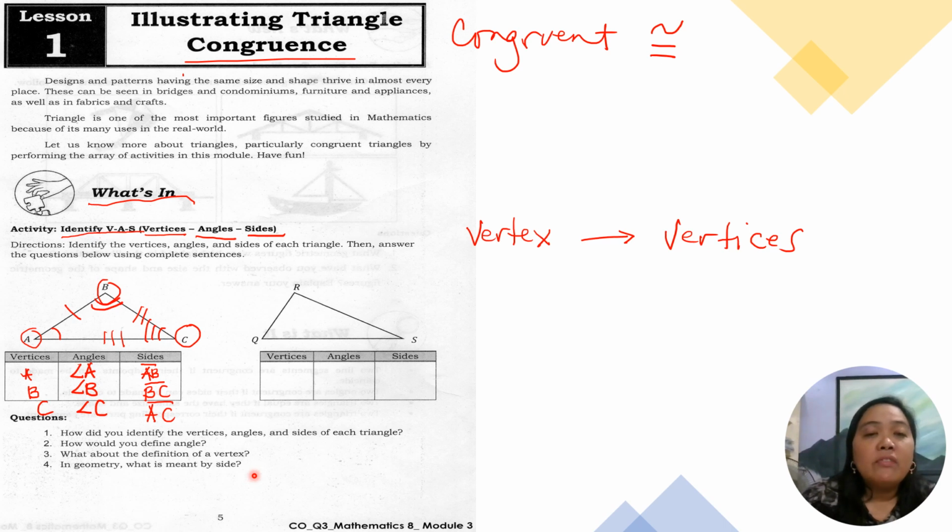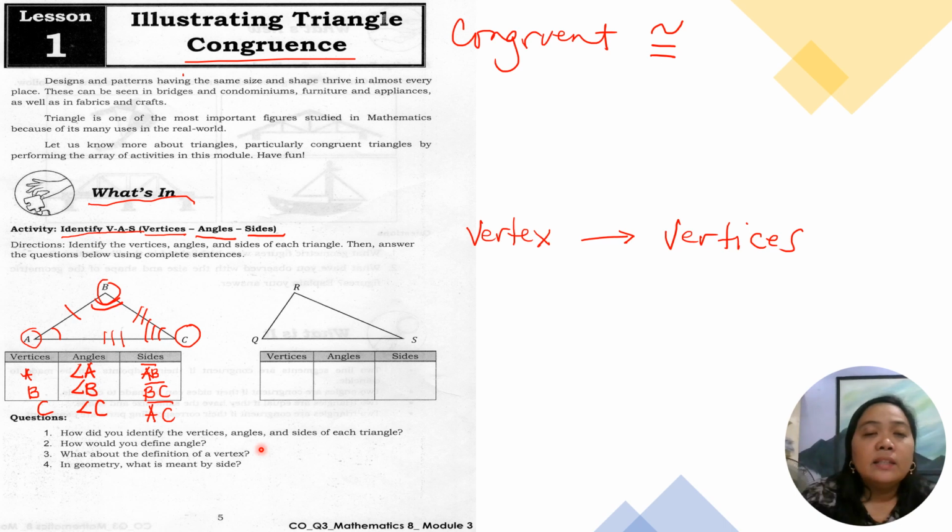So I have mentioned earlier the different parts of our triangle. It's now your turn to answer the guide questions 1 to 4. You will also write your answers to the guide questions in the answer sheet provided to you.